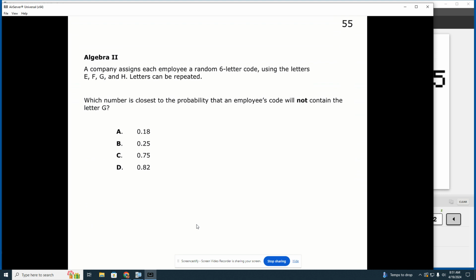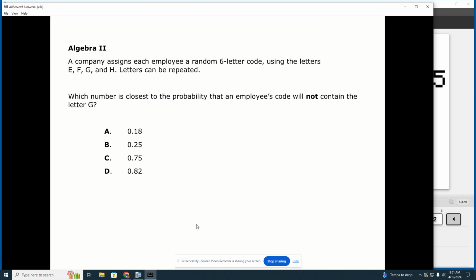55. A company assigns each employee a random 6-letter code using letters E, F, G, and H. Which number is closest to the probability that an employee's code will not contain the letter G? I thought this one was pretty challenging, and here's why.